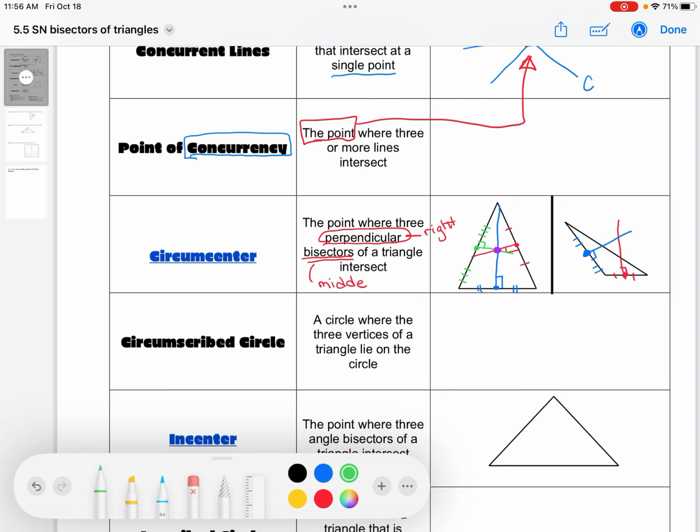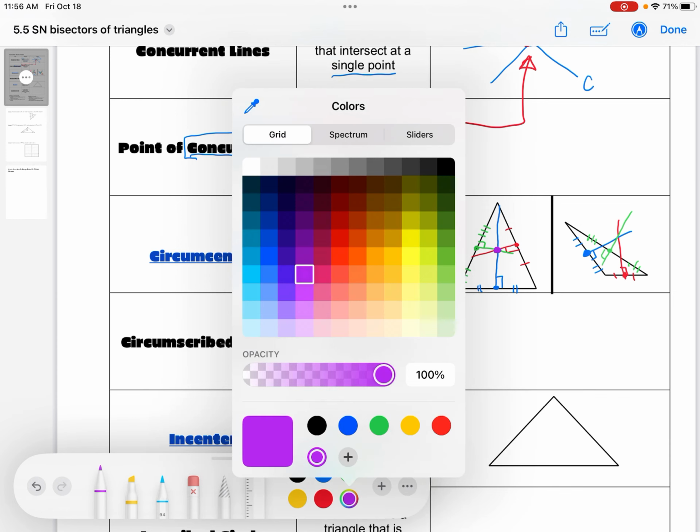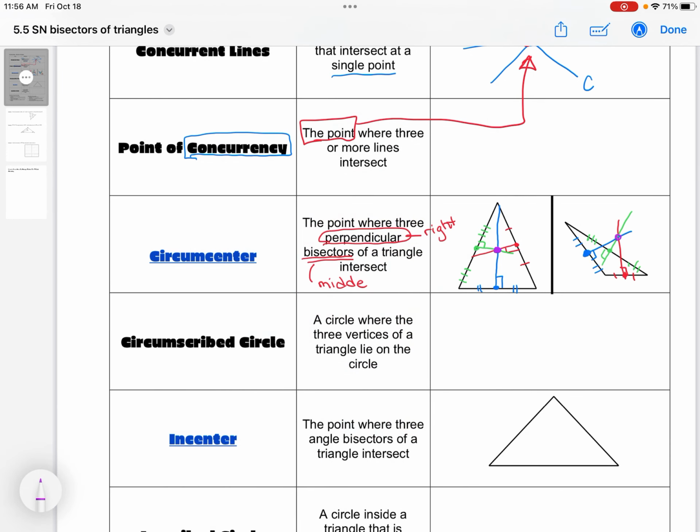And then the third line is going to be, this is the middle. We're just estimating here. But if I drew a line that was a perpendicular bisector, it would go like that. Then the circumcenter could be out here.